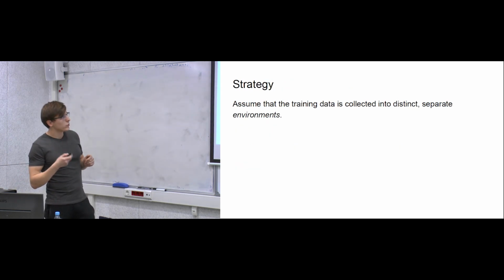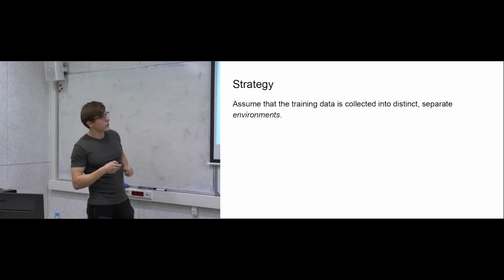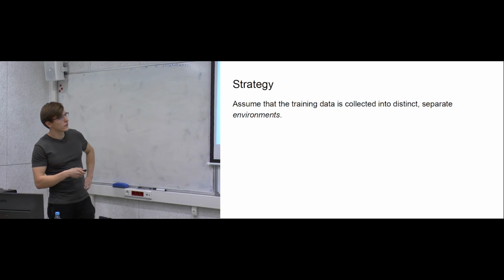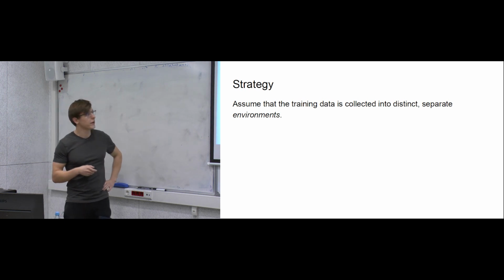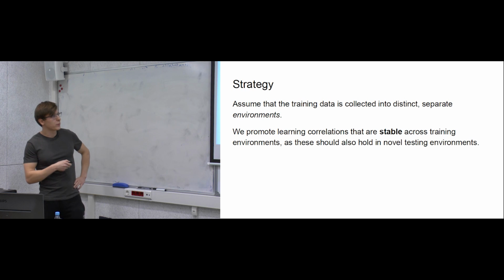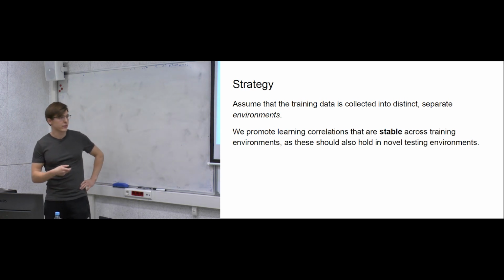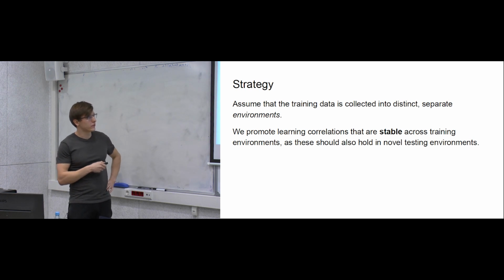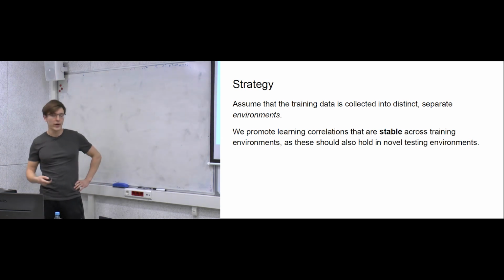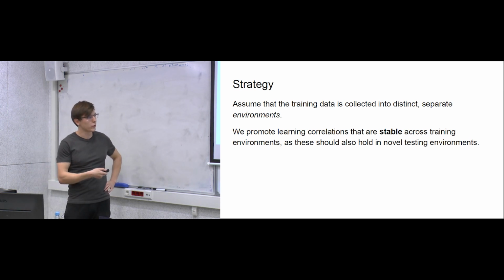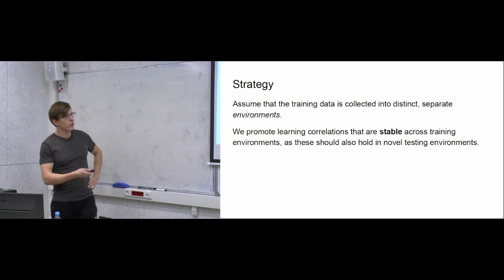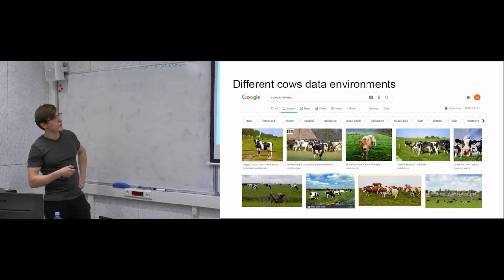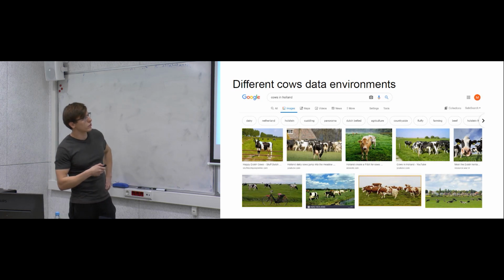Okay, so what will be our strategy? We will assume that our training data is collected from several distinct, separate environments. And we will promote learning such algorithms that will absorb only stable correlations across these training environments. And we will hope by that they will generalize well for new testing environments. So in our example, that will be very simple. We can just, for instance, collect cow images from different countries.